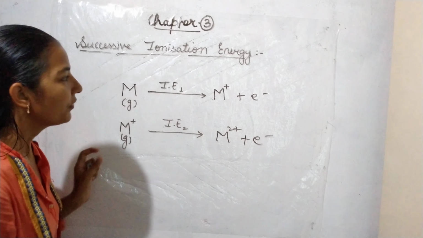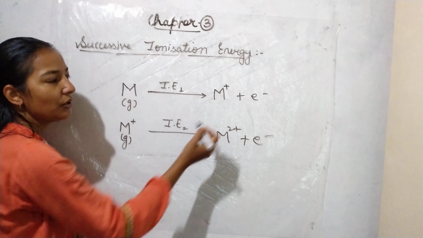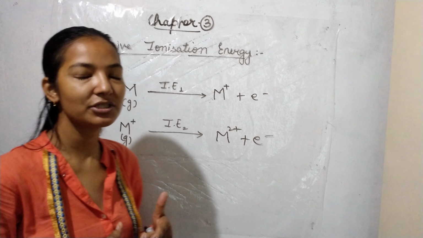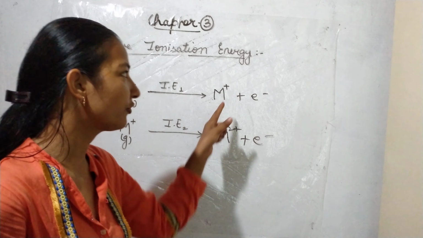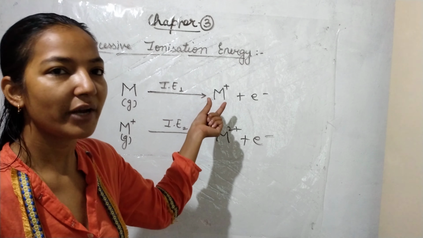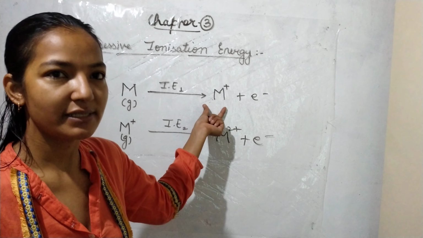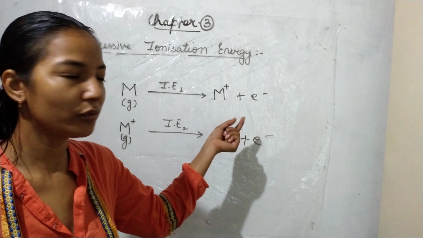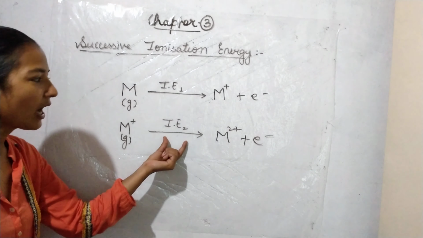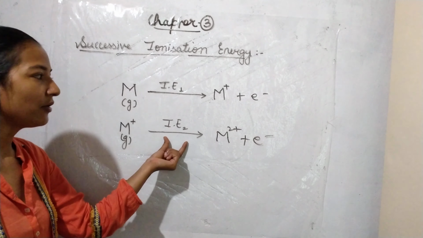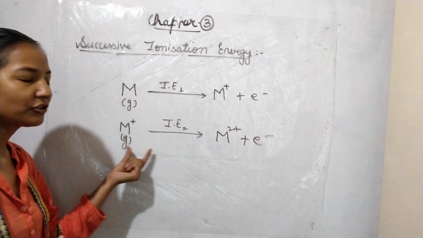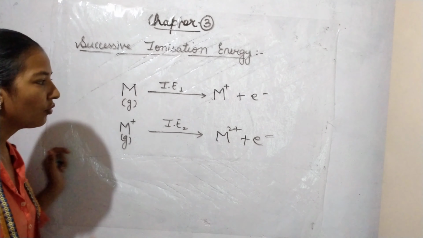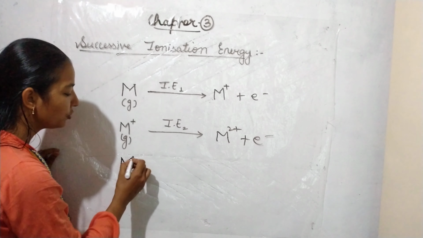But the next time, in M plus, the effective nuclear charge is more compared to the number of electrons, because the number of electrons is lesser compared to the number of protons. So we have to give a large amount of ionization energy to remove an electron from an ion.